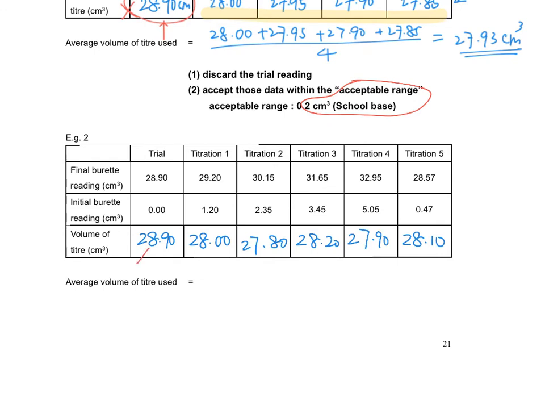Now we need to reject the trial first, because for every calculation, we do not include the trial readings in the calculation of the average. Now if we take 28.00, remember every burette reading must be in 2 decimal places, and 27.8 is within the acceptable range.